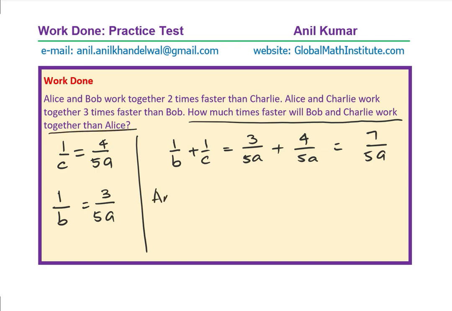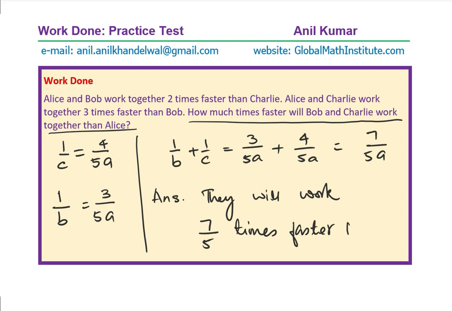So the answer here is they will be 7 over 5 times faster than A. Is that correct? So that is how we can actually solve this particular question.